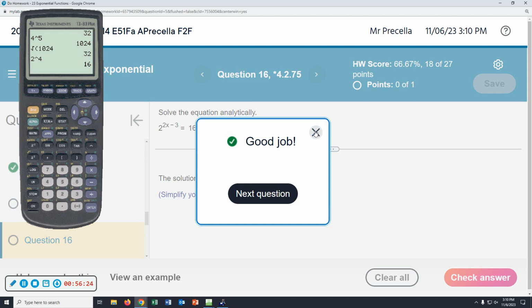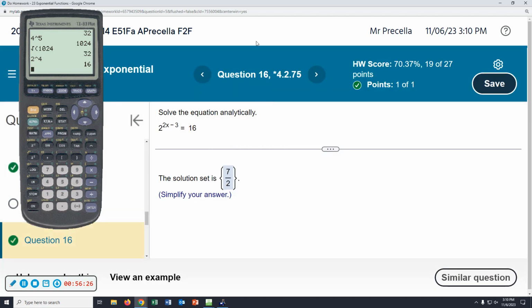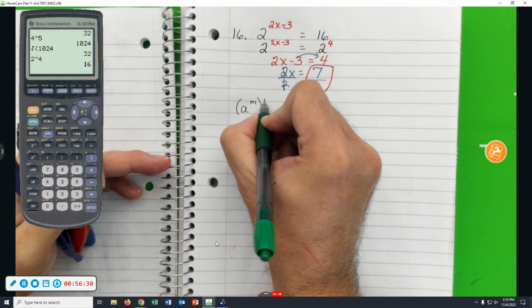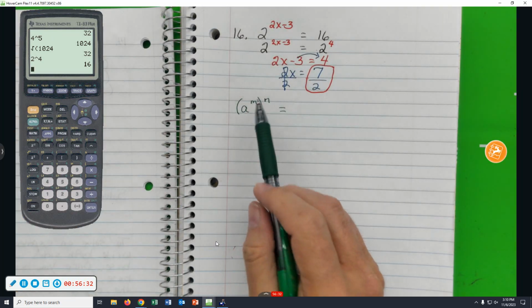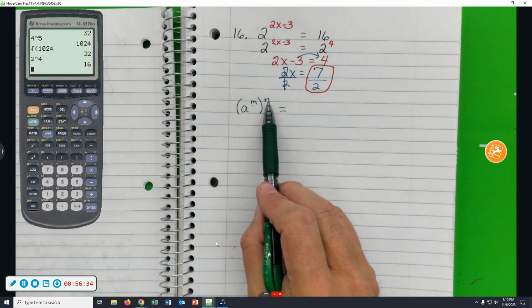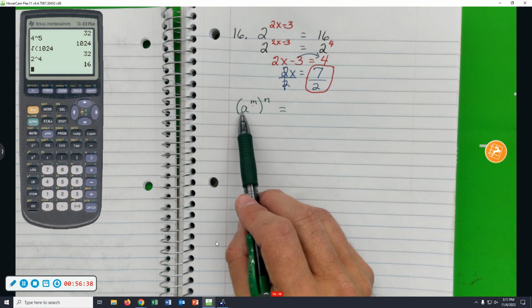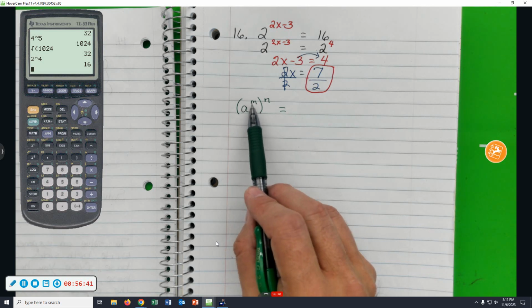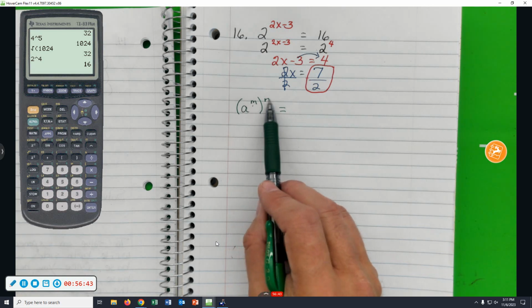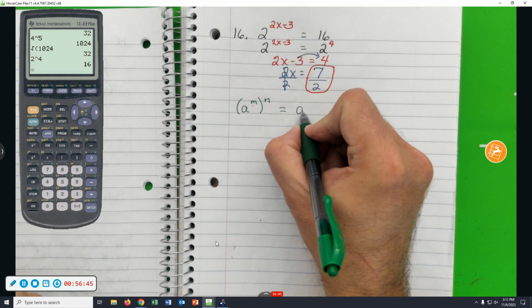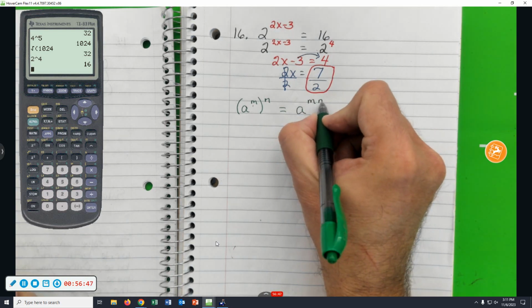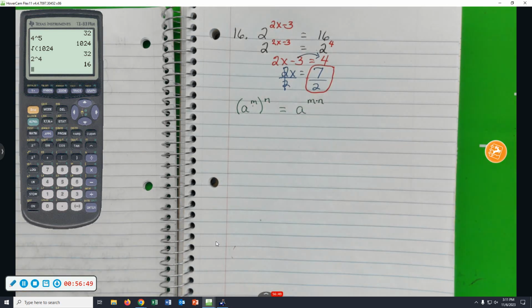Now, before we go back and do 15, I want to go ahead and remind y'all of something. If you're raising one power to another, this is called the power rule of exponents. To raise one power to another like this, you multiply the exponents together. That's m times n.